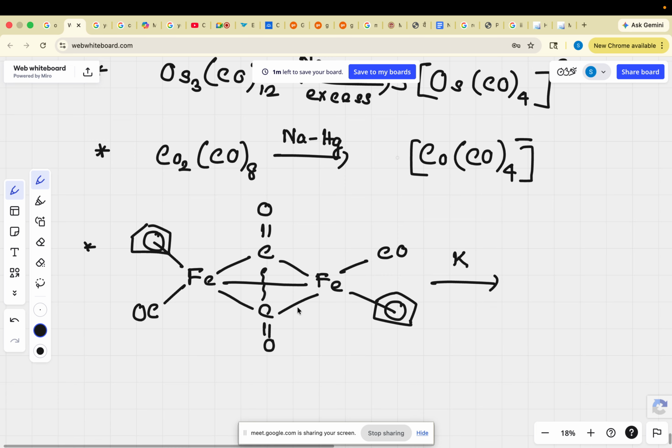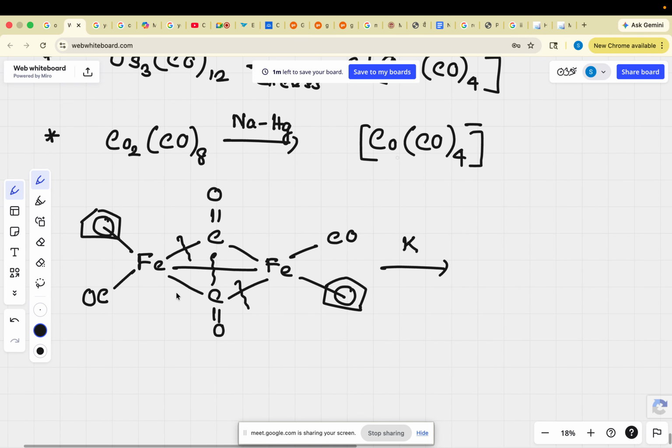Now you just check how many electron system it is. Iron is 18 electron. So you have to break this bond. Now check what you are getting. Just look at one iron center, suppose the left side iron center.